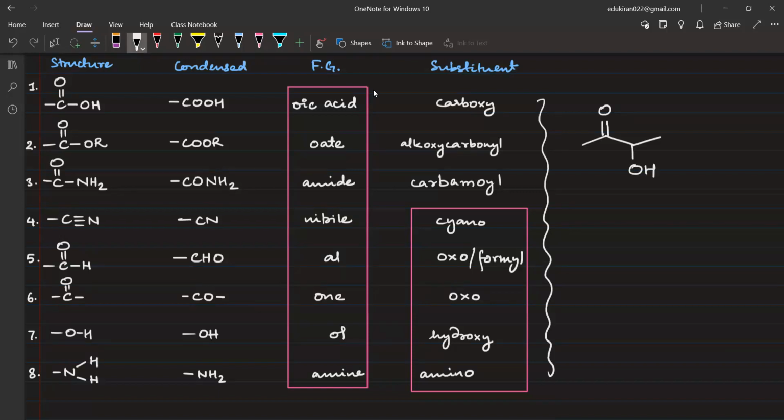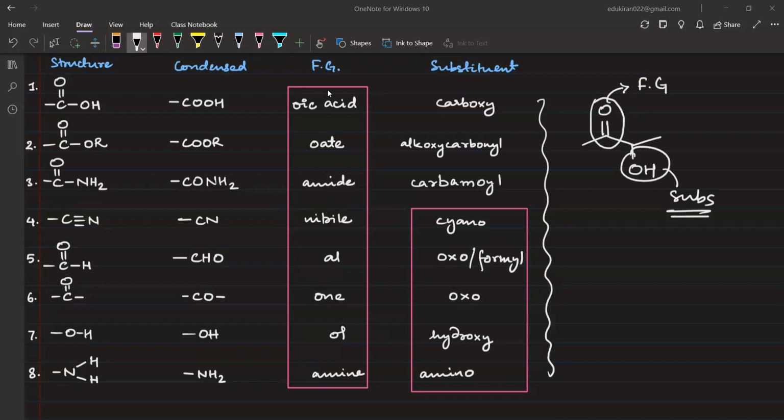But in the context of IUPAC nomenclature, this ketone is going to act as the functional group. Now this OH is going to act as a substituent. Is that right? Yes or no? Please tell me.